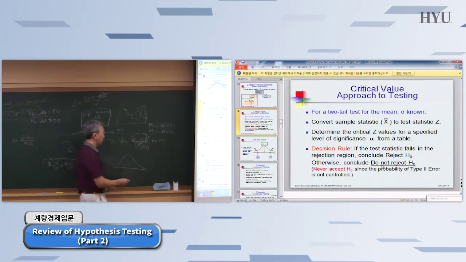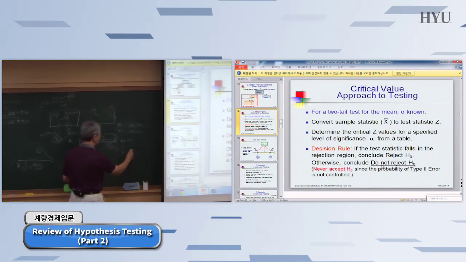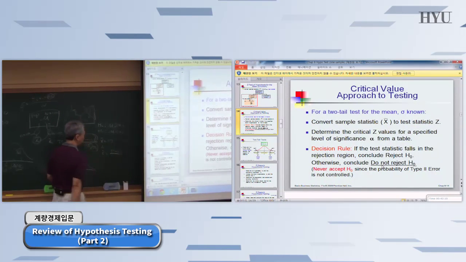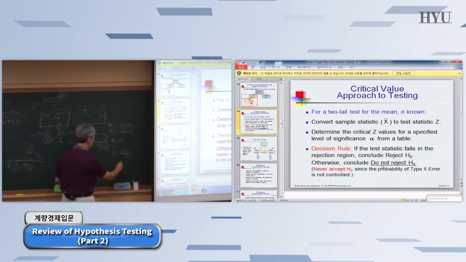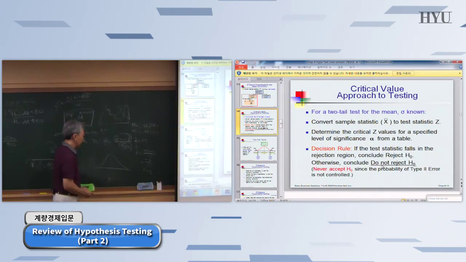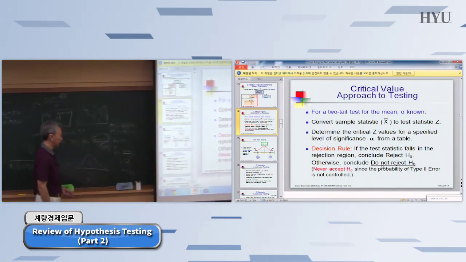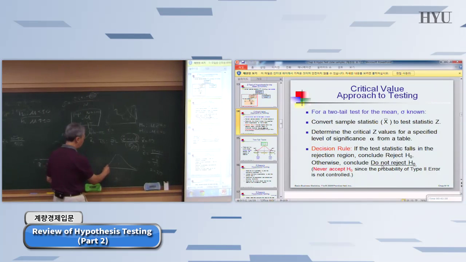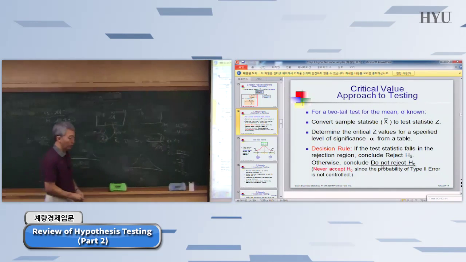So they converted it into a z-score: 37 minus 40 divided by sigma over square root of n. Suppose that was 1.2. So negative 3 divided by 1.2 would be negative 2.7. The test statistic came out to be negative 2.7.